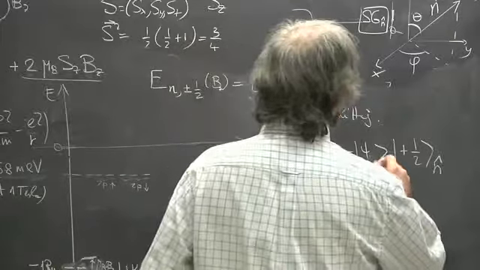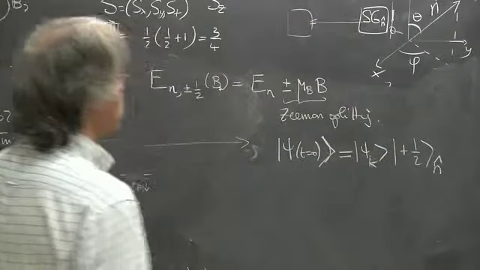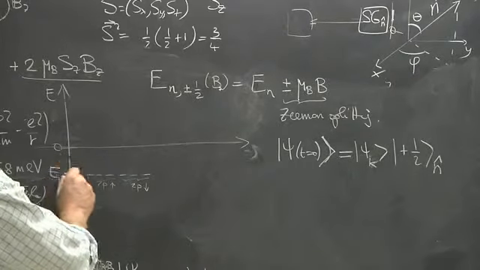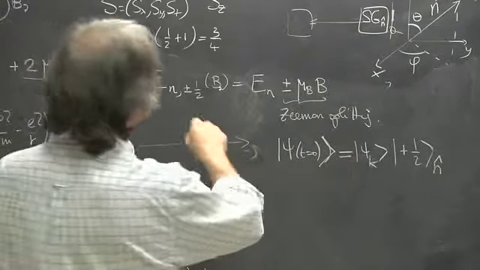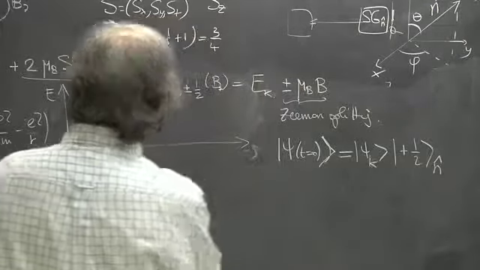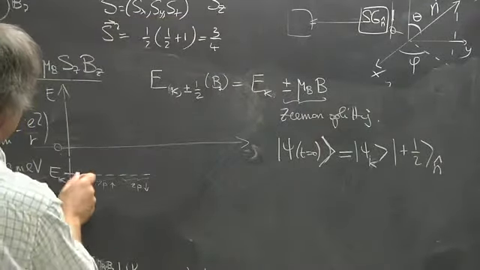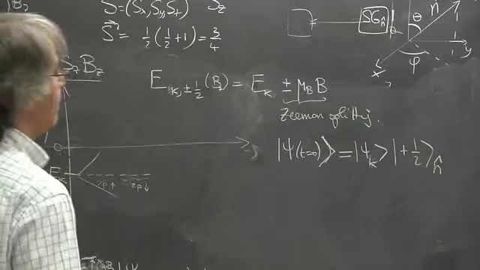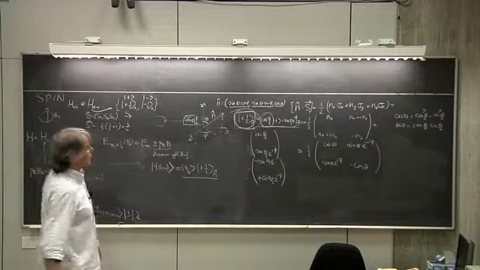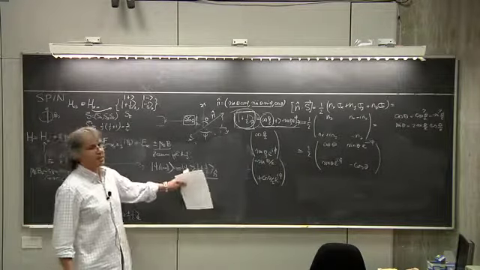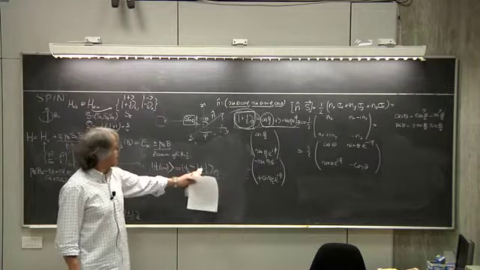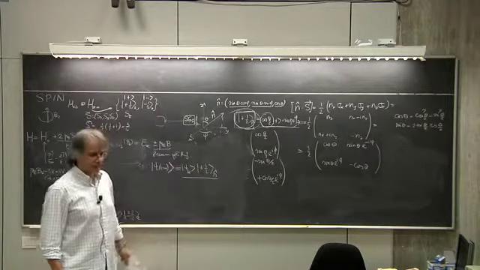K, alpha, whatever, K. This is some energy here, and I know that it is split now by this object when I turn on the field, like this. Now, the state that I have out of the apparatus is this. As you see, this will play essentially no role. And this is plus 1/2 n.